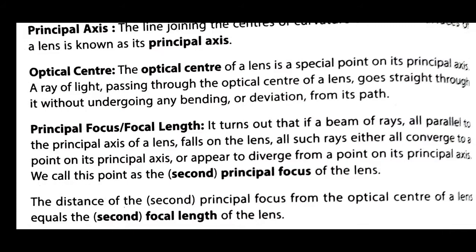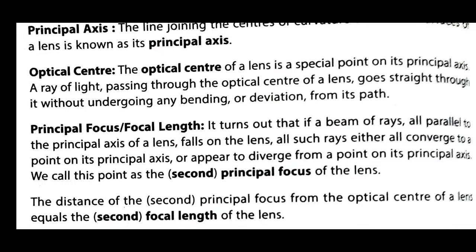Now, one important fact which is related with the optical center is that optical center is the point through which a ray passes without any deviation. Besides the optical center, all the points present on the lens produce some deviation in the incident ray.